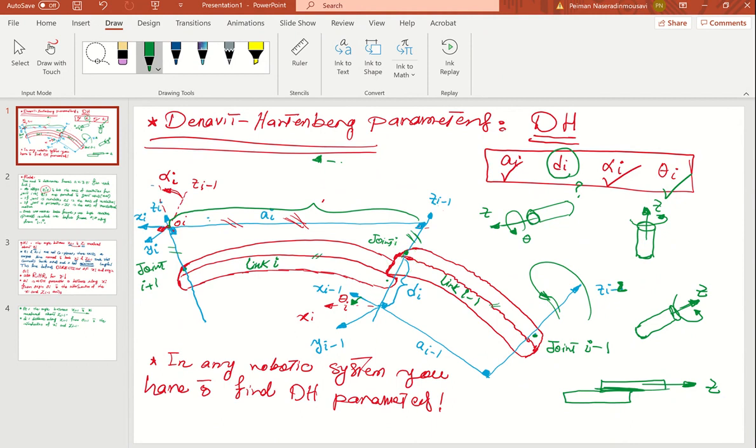So the distance along this axis, from OI minus 1, here is the intersect that we defined as OI minus 1, to the intersection of xi and zi minus 1. Understand? Yes. So that is di.